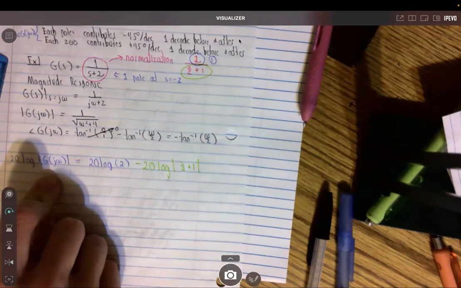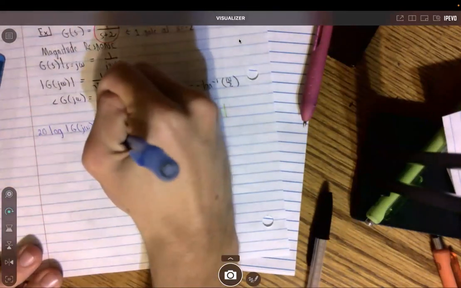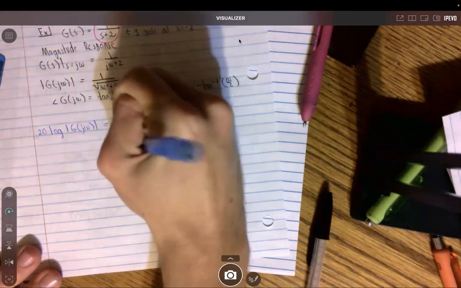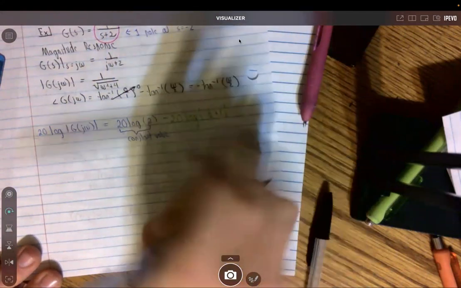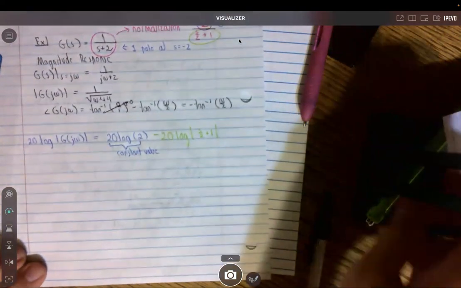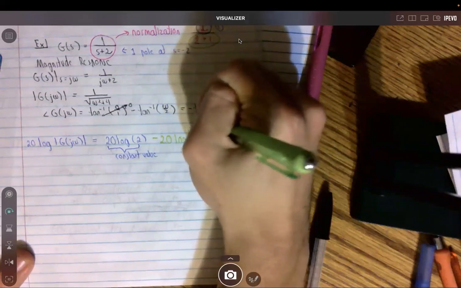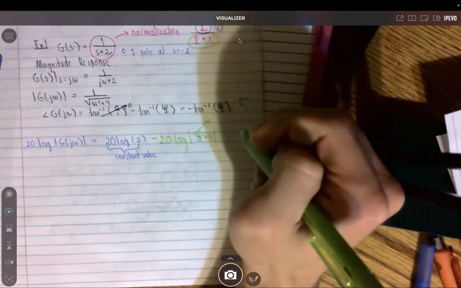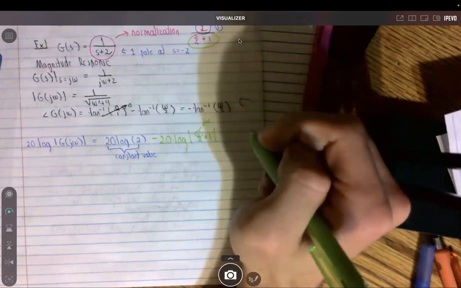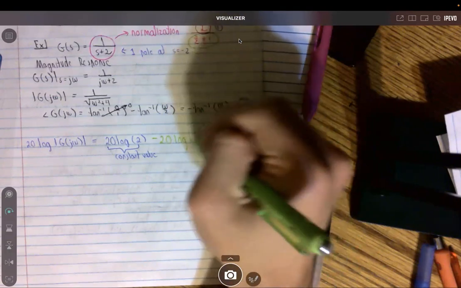So this one would be a constant value, which we're going to notice in the beginning. This one's nice because it's a constant value. However, this one is going to change because s is our J omega, and when omega changes, since our Bode plots are represented in terms of omega, when omega increases, this is going to have a more significant impact.